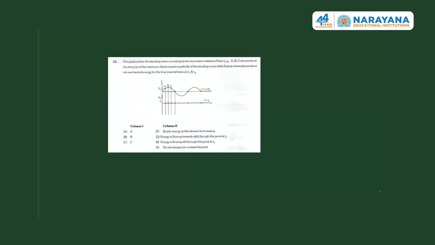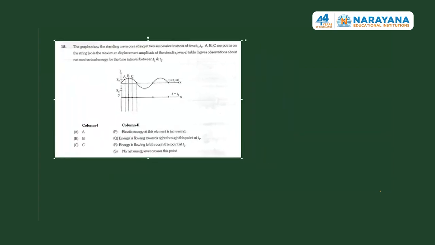Yesterday also I discussed the same, but the direction of the flow of energy, the rate of flow, these things were not being analyzed. So let us read question number 15. On a string are two successive instances of time. The first one is at time t = t1 = 0.